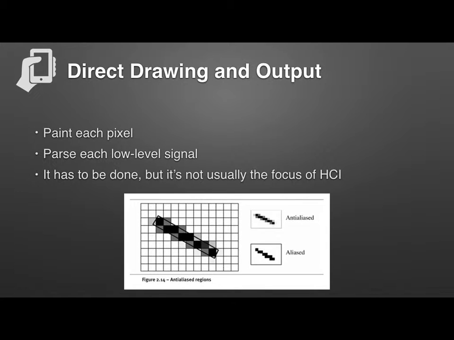Now, obviously, if we had to work at that level, that would be problematic. If everyone had to start at that level, we would not be able to build a lot of the things that we're interested in building. And so throughout the history of computing and HCI and the graphical user interface, a lot of layers have been put on top of these basic things.